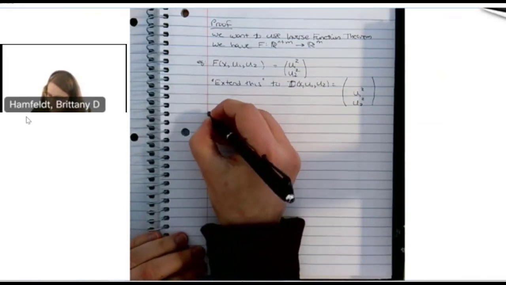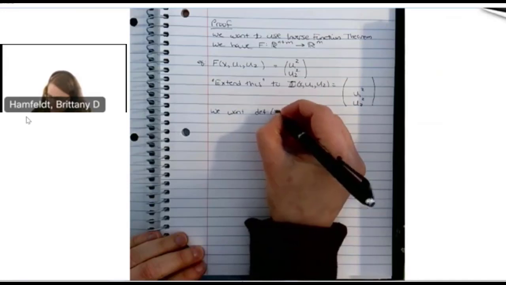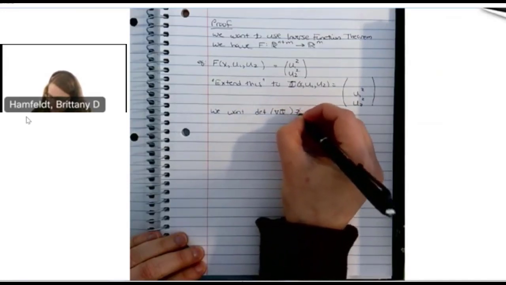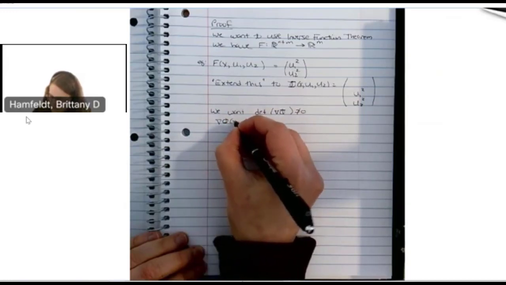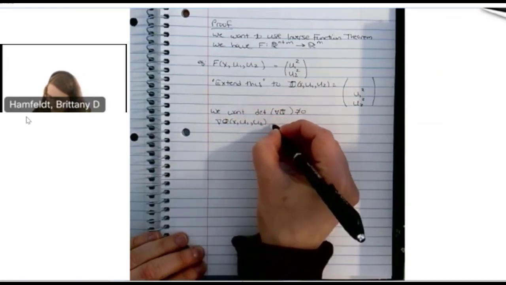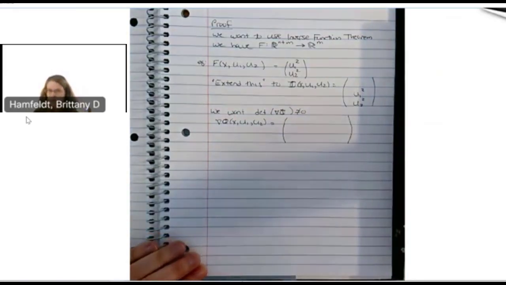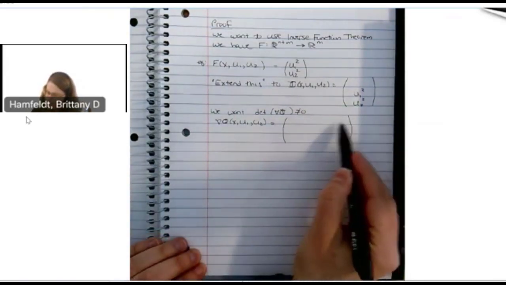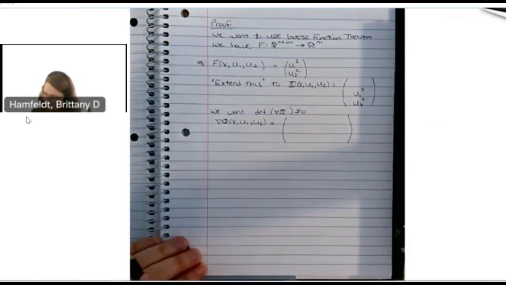In this case, we want the determinant of the Jacobian of this to be not zero. So let's just see what this is. Jacobian of this, okay, it's going to be a 3 by 3 matrix now. The first row is going to be determined by the gradient of whatever I put up here.